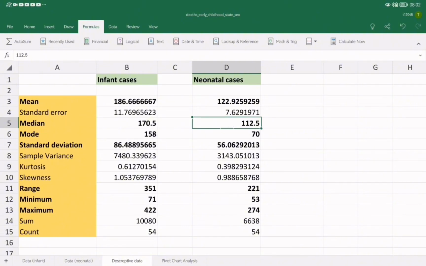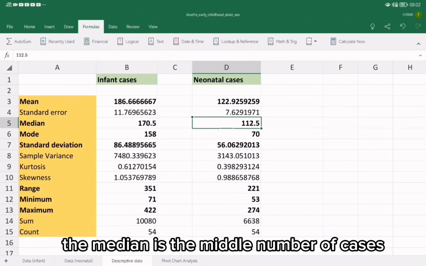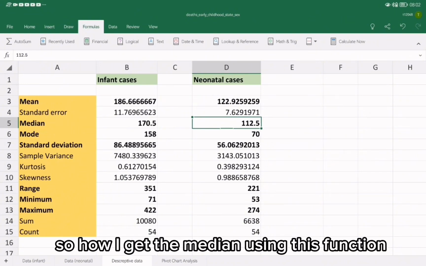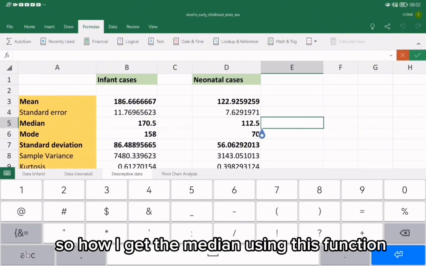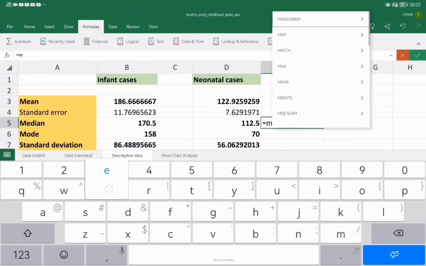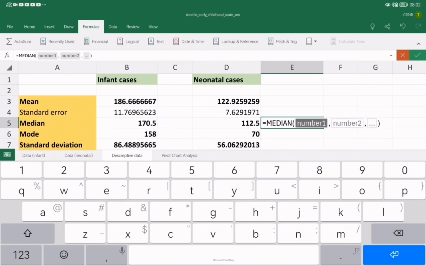What is the meaning of median? The median is the middle number of cases. I get the median using the median function, and I choose the numbers based on the data.